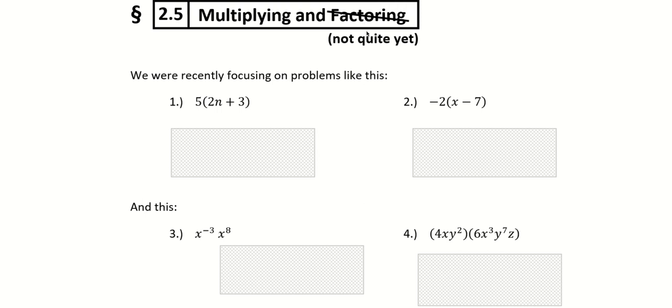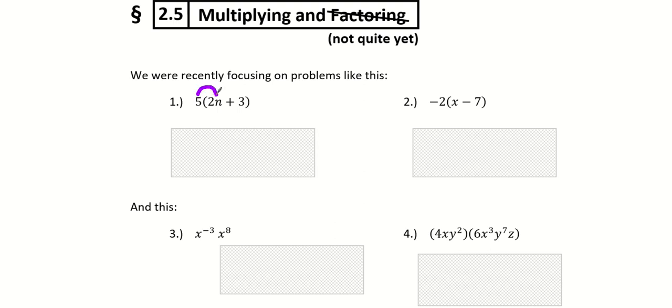We'll be factoring soon enough. But in this section 2.5, we will only be talking about more multiplying, though we've already done some multiplying with polynomials and monomials and things like the distributive property.